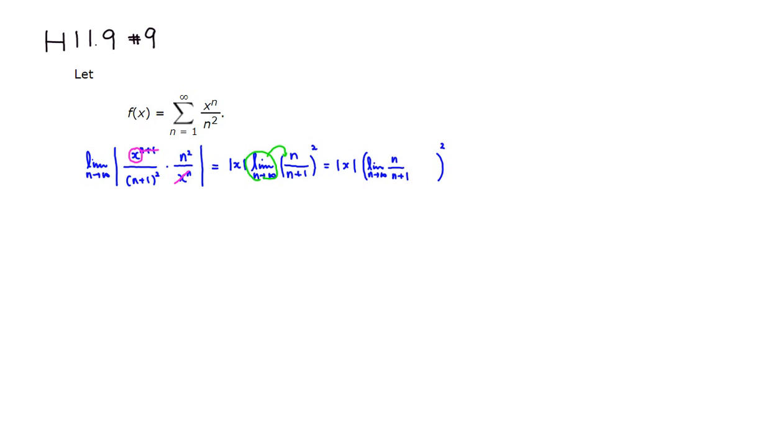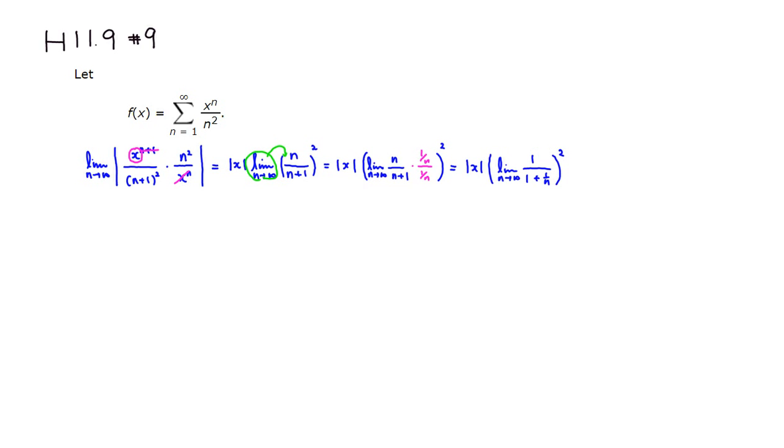Then I'm going to multiply top and bottom by 1 over n. So we will get the absolute value of x, and then the limit as n approaches infinity of 1 on top, and n divided by n is 1 again, and 1 divided by n is 1 over n, and then squared.